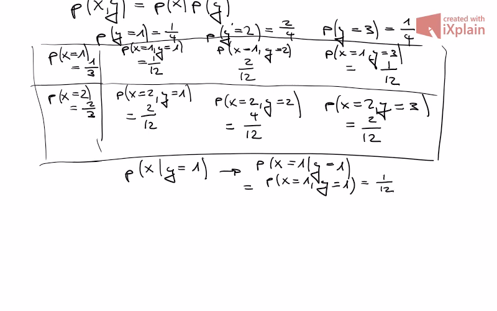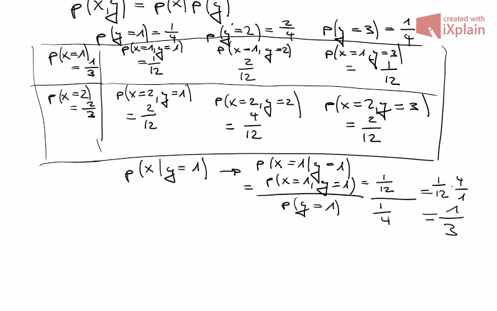But then we have to divide it by p of y equals 1, right? So if we do that here, we have to multiply 1 over 12 by 4 over 1. So 1 over 12 times 4 over 1, and that's 1 over 3. Did you say that?